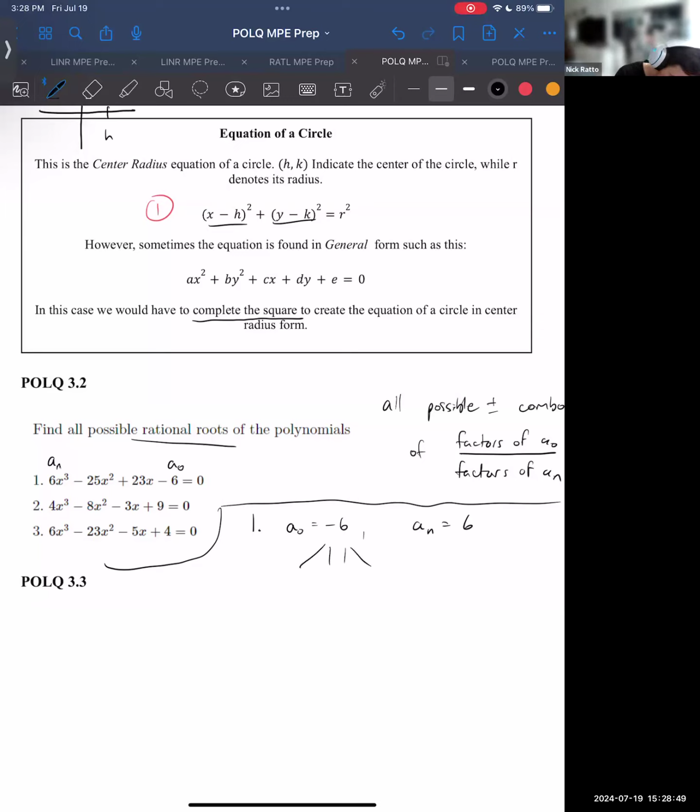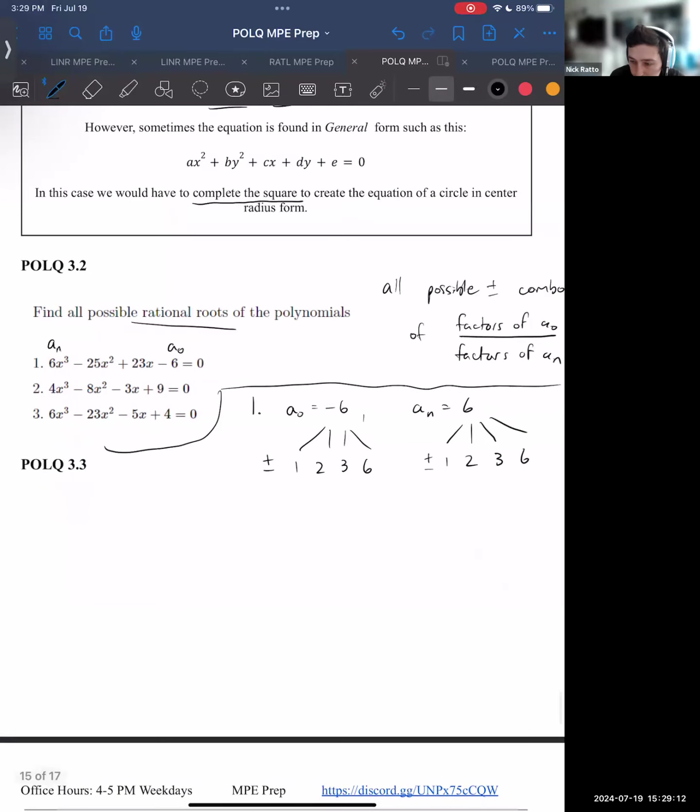So let's break this into its factors, which are going to be 1, 2, 3, and 6. And we got to remember that each of these can be plus or minus, according to this theorem. We got the same number here. So once again, 1, 2, 3, and 6. And these guys can be plus or minus as well.